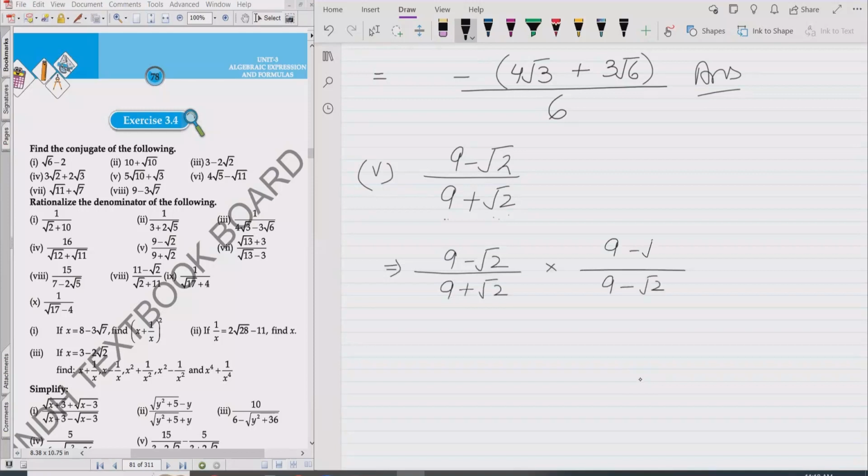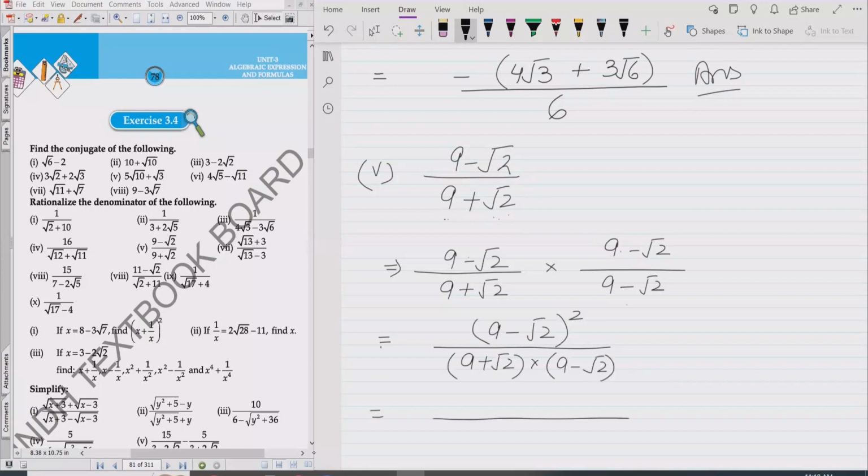In the numerator we get 9 minus root 2 whole square, because the base is the same and the powers add. In the denominator we have 9 plus root 2 multiplied by 9 minus root 2, so we get 9 whole square minus root 2 whole square, right?